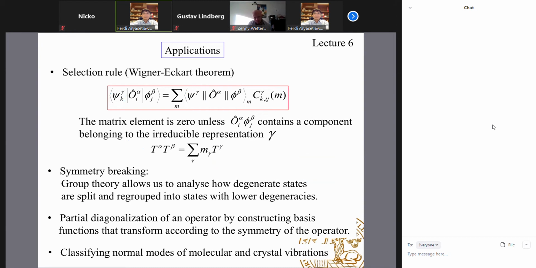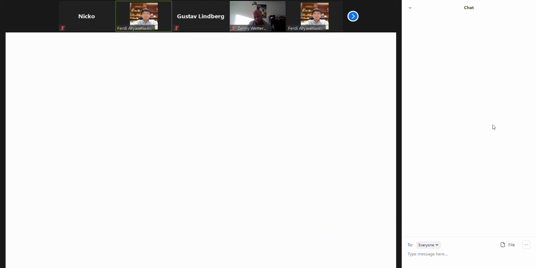So if we look at the Hamiltonian, it is just a special case of the Wigner-Eckart theorem. Let me repeat this because it's important. So this is some constant. Let me call it A instead of C, so it's not a Clebsch-Gordan coefficient. Delta alpha beta delta ij. The Hamiltonian, of course, we are assuming has a certain symmetry, is invariant under the symmetry transformations.